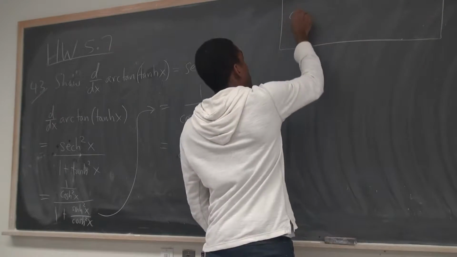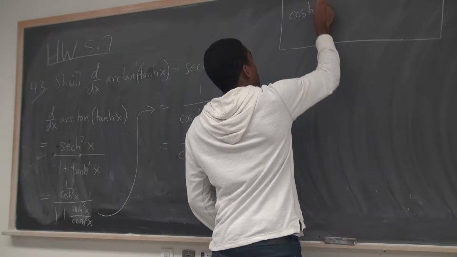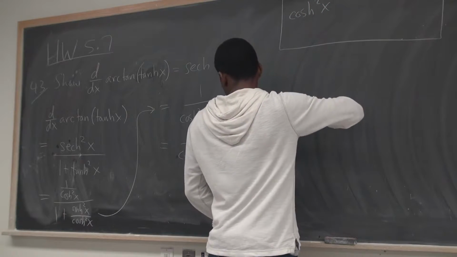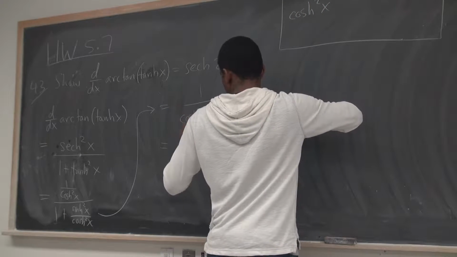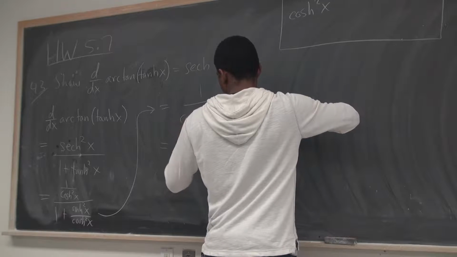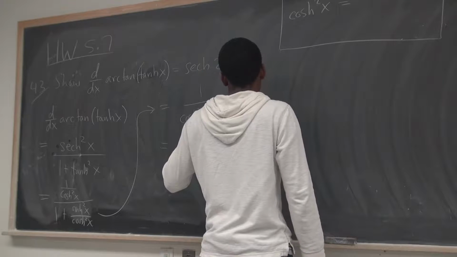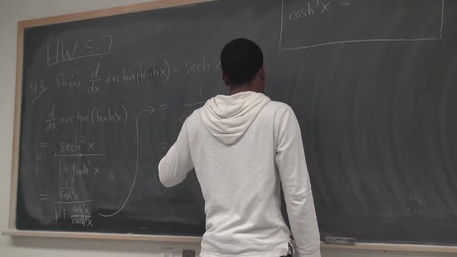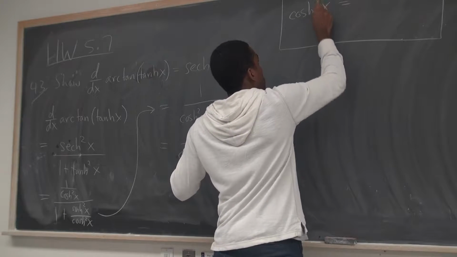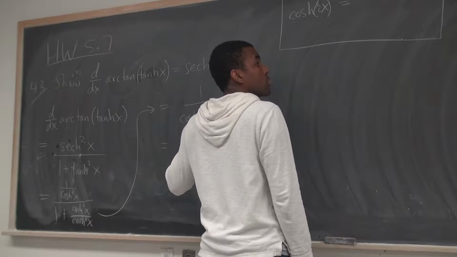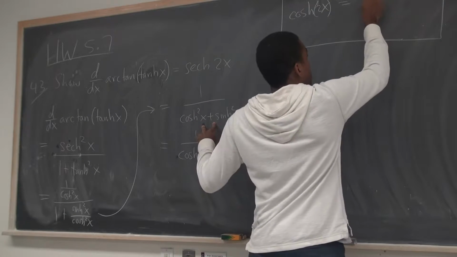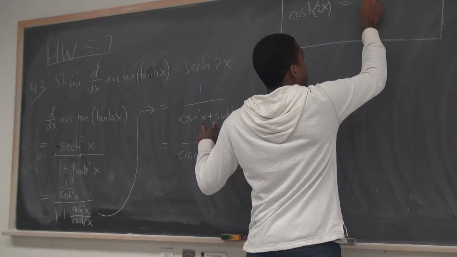Remember that cosh 2x, cosh x, is just what? Cosh squared x plus sinh squared.